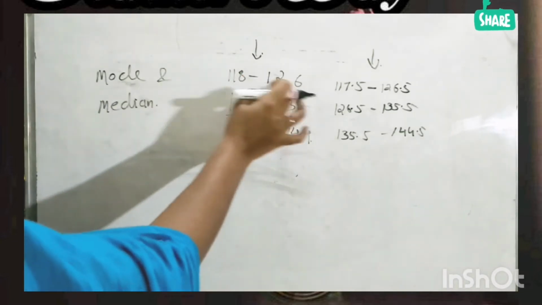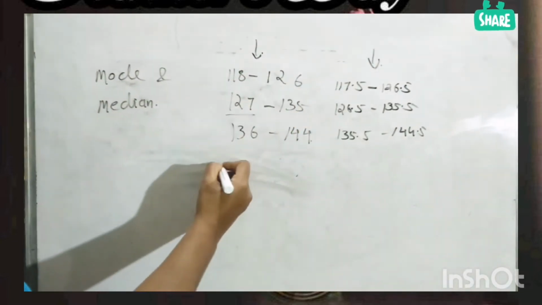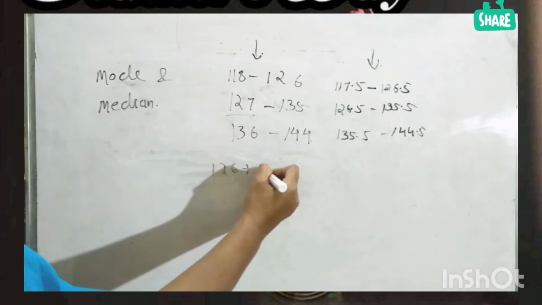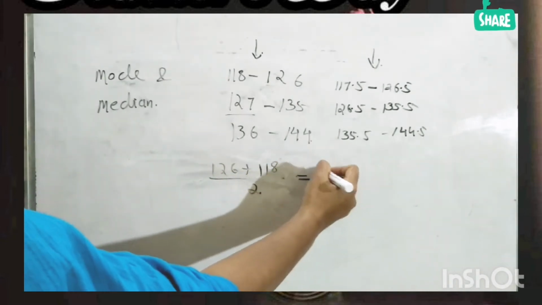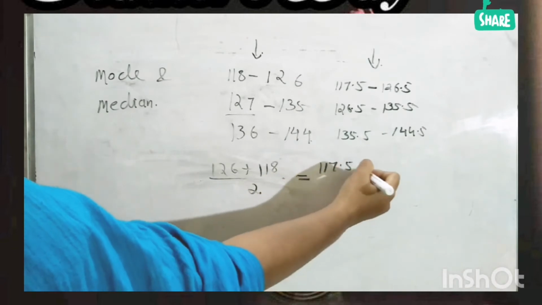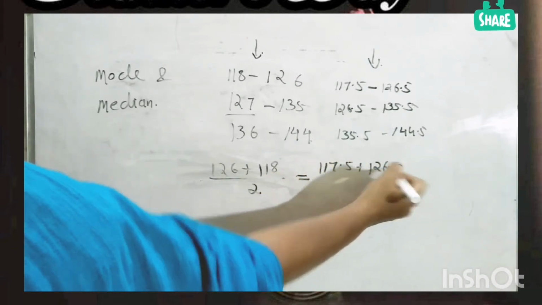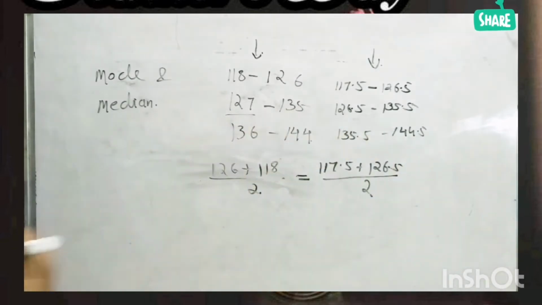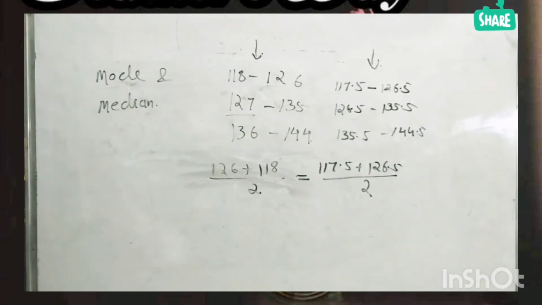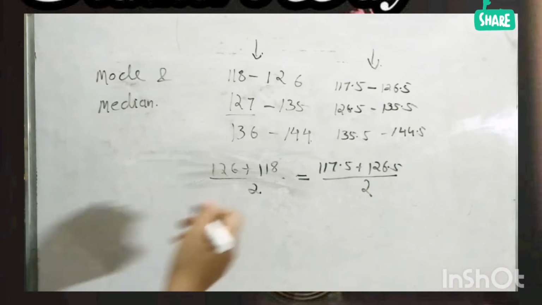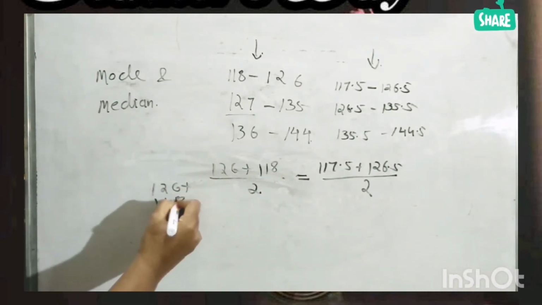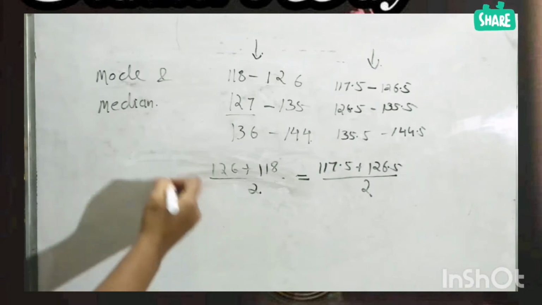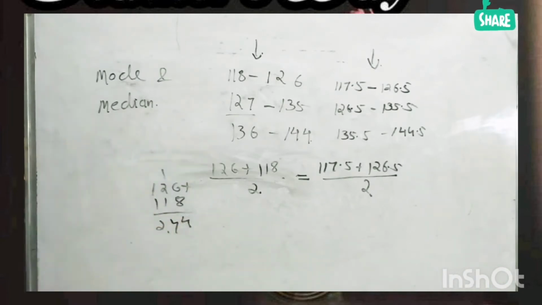The class mark of this is 126 plus 118 divided by 2. Actually, it is the same as 117.5 plus 126.5 divided by 2. In both cases you will get the same answer. What is 126 plus 118? It is 244.